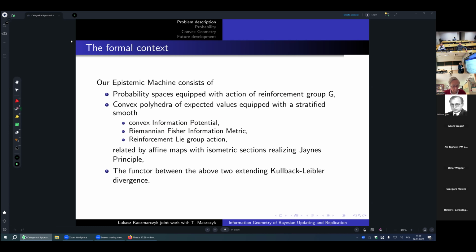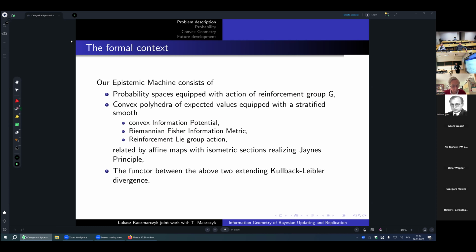And moreover, this reinforcement group from probability spaces would be also acting on each of the convex spaces as a Lie group. And that's all nice.